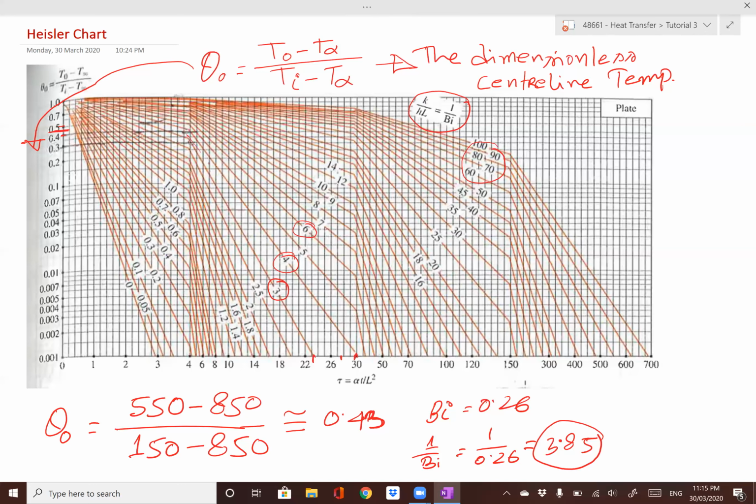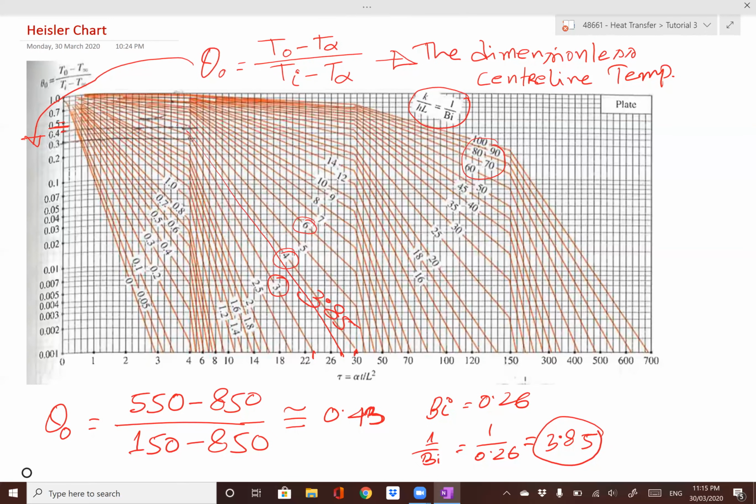Yeah, so I can draw one line here for 3.85. So it will be this line. Okay, now from the y-axis, the dimensionless center line temperature is 0.43.